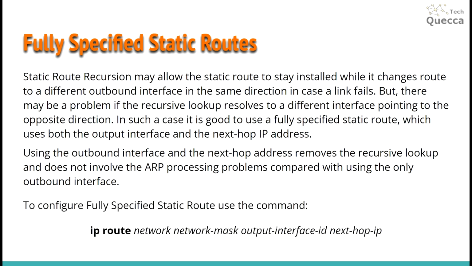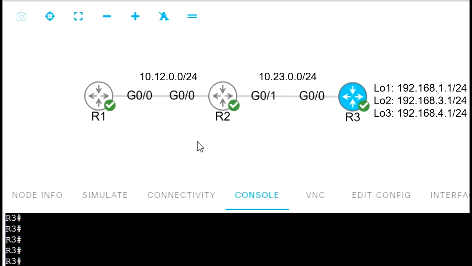To configure a fully specified static route, use the following command: ip route, network, mask, and then you need to specify the output interface ID and next hop IP. Let's see a quick example for this part, showing that it does not involve the ARP processing problem. For this, we're going to use the same network.